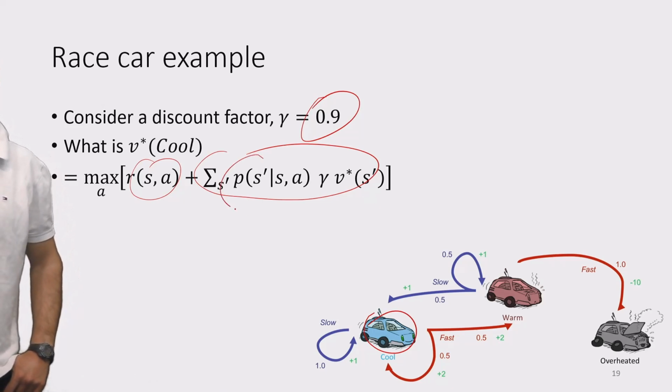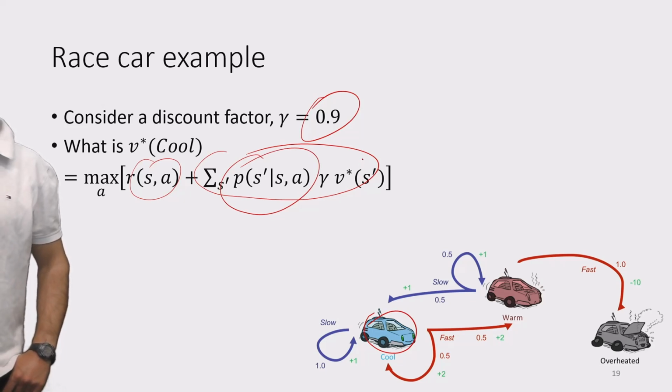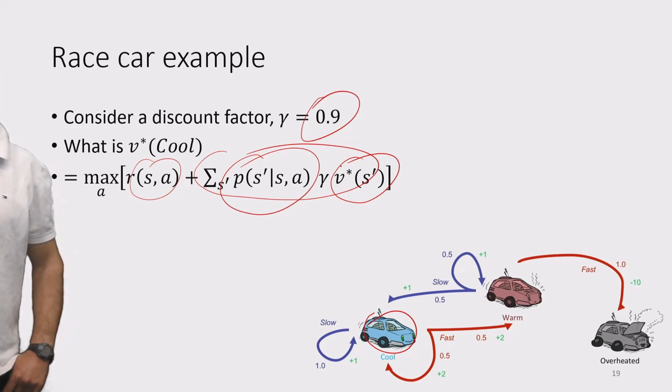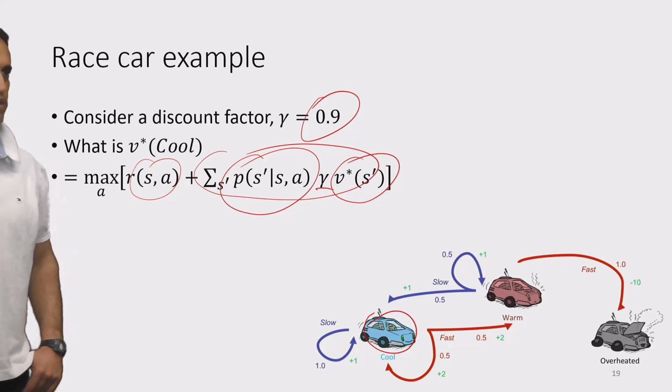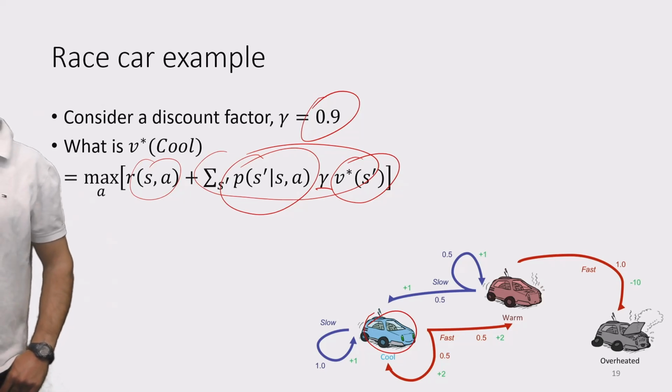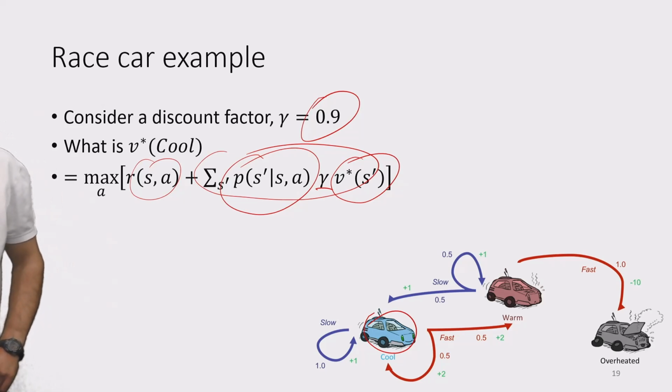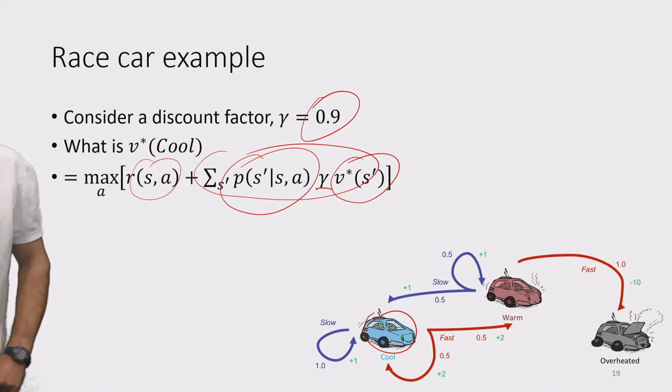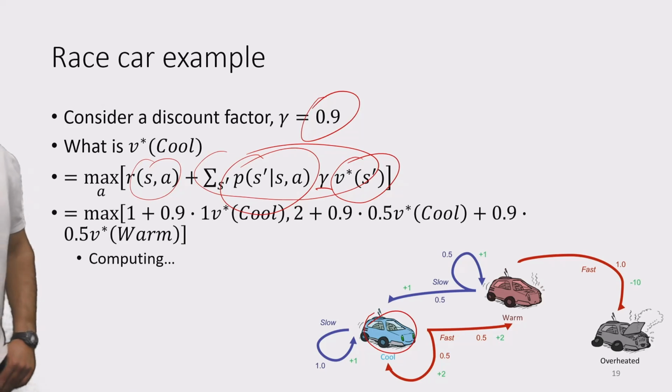So this is the probability of arriving at each one of these next states times the V star value of the next state, but we'll have to discount it once, right? So now we have a way to compute this V star value for state cold, and we're guaranteed that it will converge, even if we continue this process to infinity.